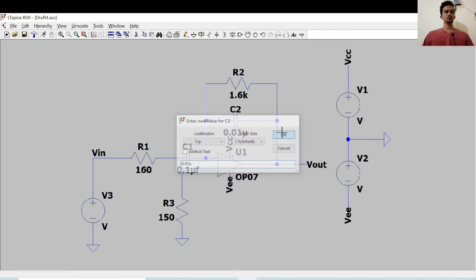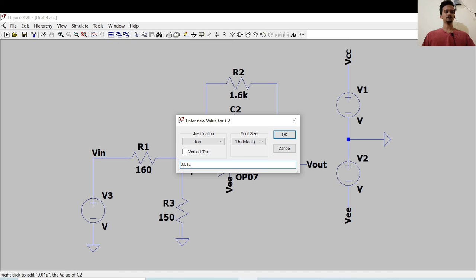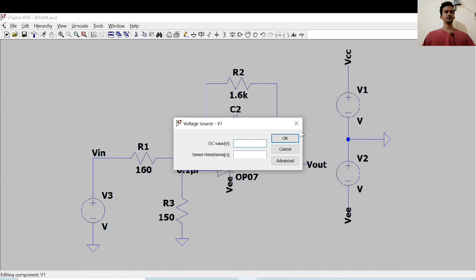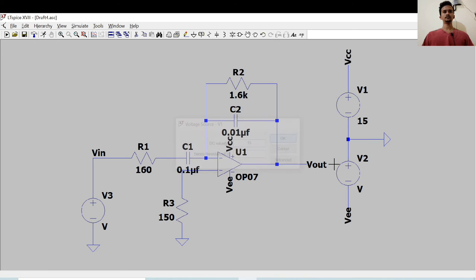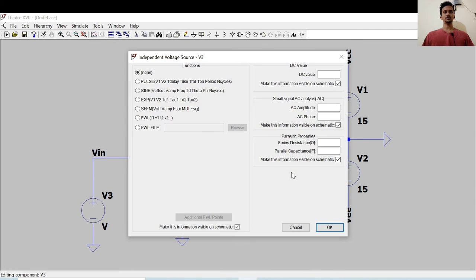Okay, so now we'll give a supply here. 15 volts, and then here 15 volts. Okay, then we'll give a supply for the input: 2 volts peak to peak, a sine wave with 0 offset, and this will be 50 hertz.